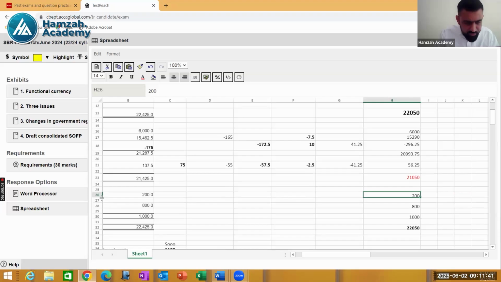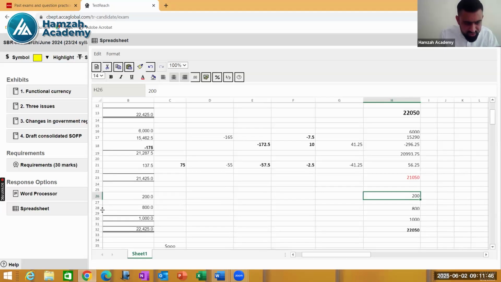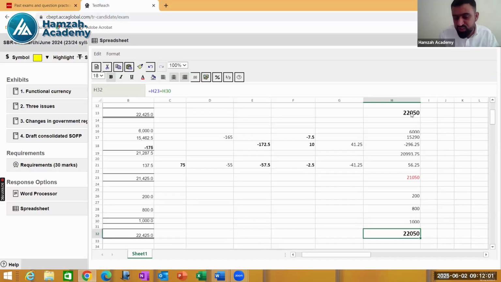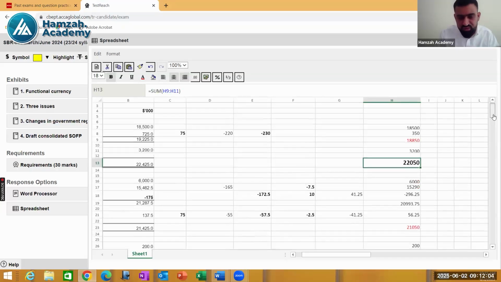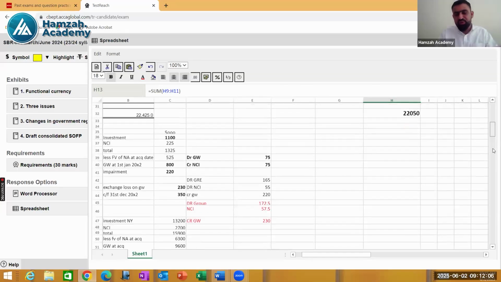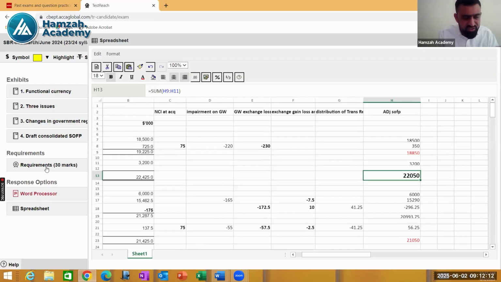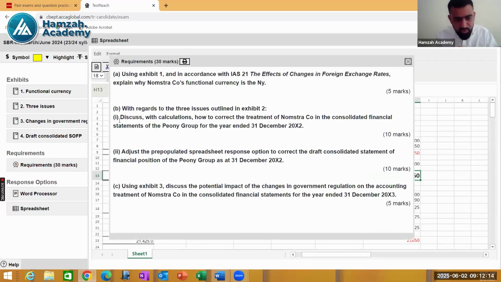Then there are non-current liabilities of 200, there is no adjustment. Then we have current liabilities of 800, there is no adjustment. You have total liabilities, and here you have total equity and liabilities, which is 22,050, and you can see it equals the asset side. So here we have adjusted the pre-populated spreadsheet along with the calculation. So we have simultaneously discussed requirement B part 1 and requirement B part 2.